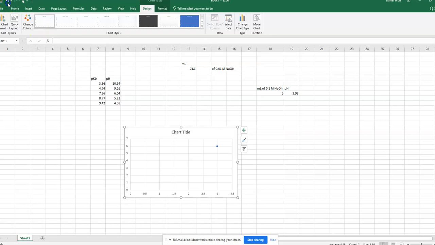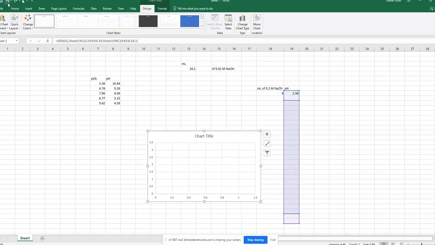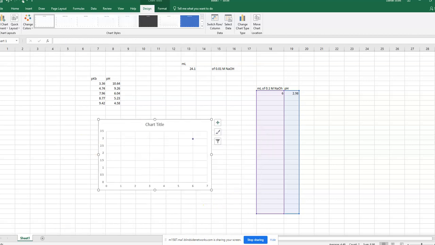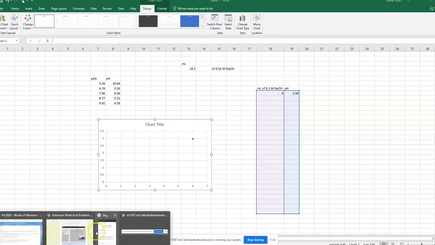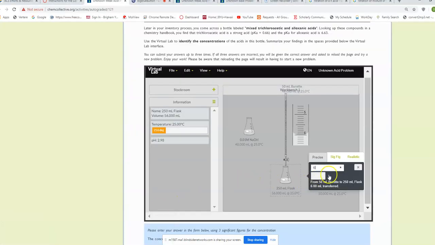I had it right. There we go. 6 milliliters, 2.98. That's right. So pH is over here. Milliliters is on the bottom. And I'll go adding my solution. So add 1 more milliliter. 3.07.